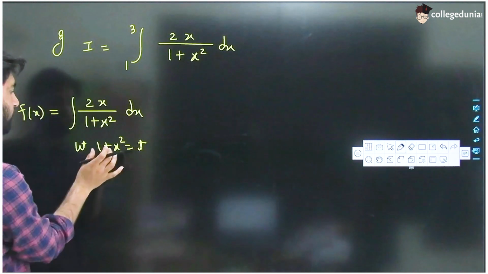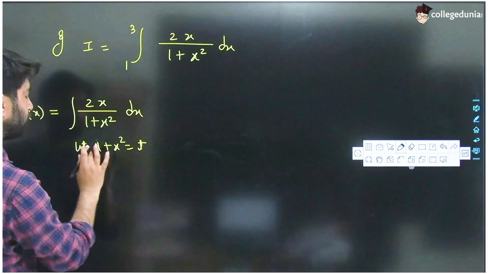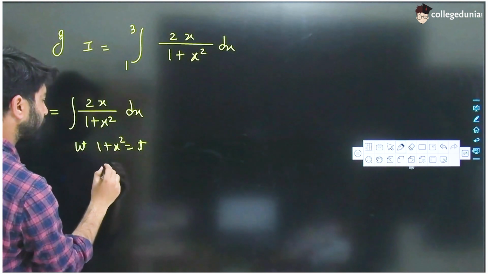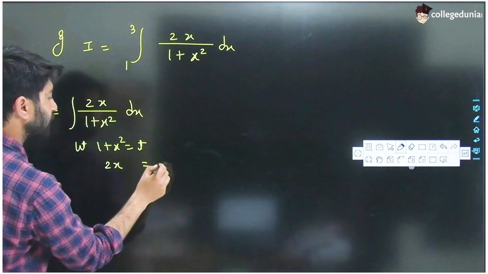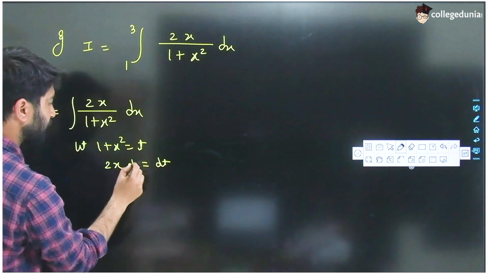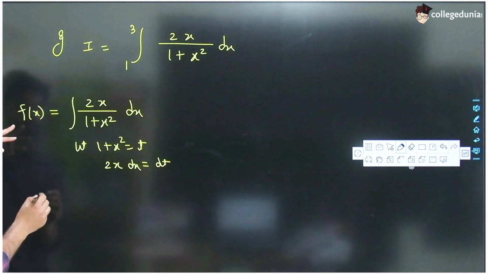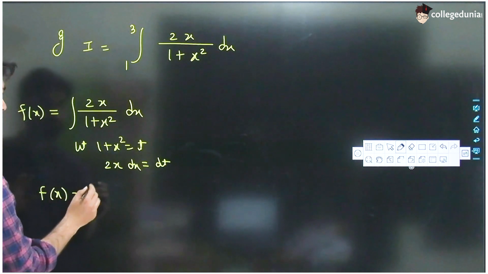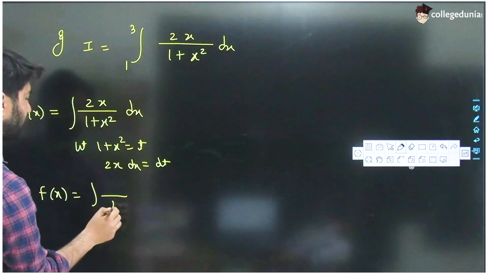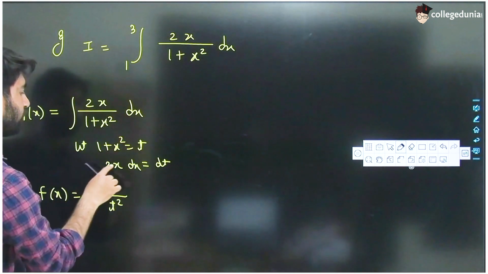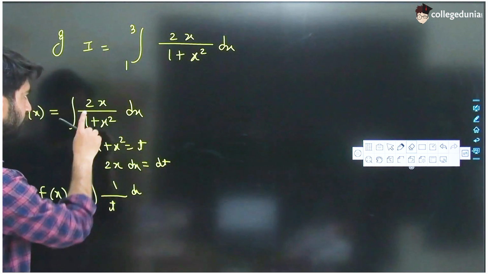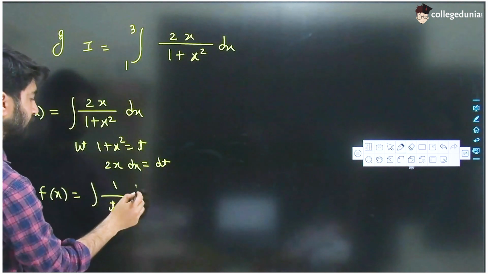Okay, so now this should be differentiated with respect to x. तो 1 का डेरिवेटिव 0, x square का डेरिवेटिव 2x, t का डेरिवेटिव will be dt by dx. So ये जो fx है ये चेंज हो जाएगा, ये बन जाएगा 1 plus x square की जगह t, 2x dx dt.